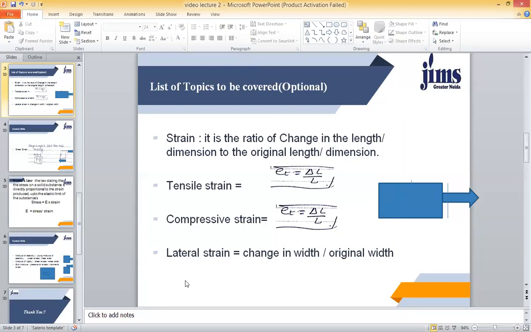So you have to remember, it is the ratio of the lateral strain to the longitudinal strain. Basically it is around 0.2 to 0.3.